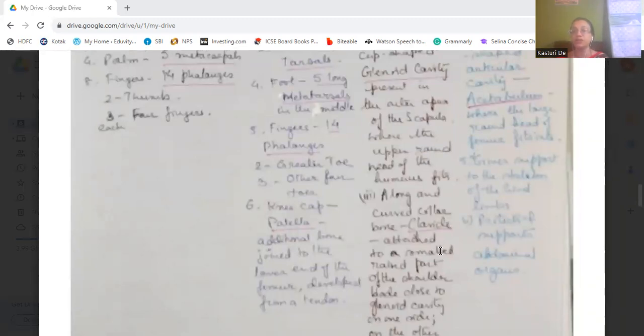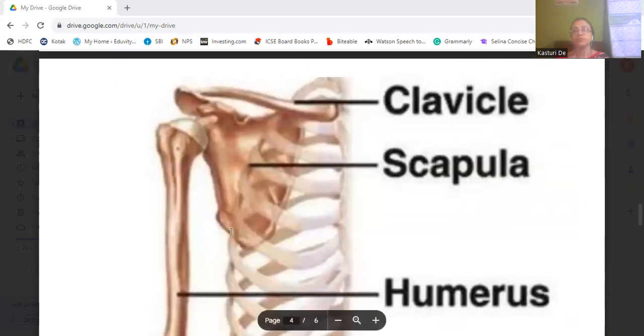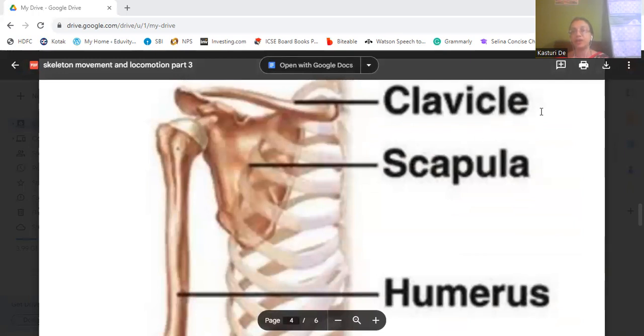A long curved collarbone, known as the clavicle, is attached on one side to the small raised part of the shoulder blade close to the glenoid cavity, and on the other side to the uppermost part of the sternum.